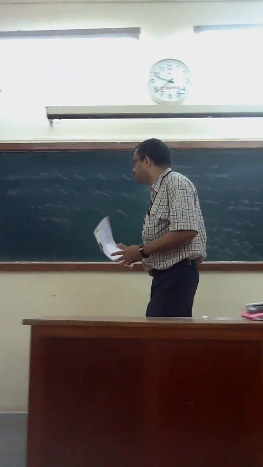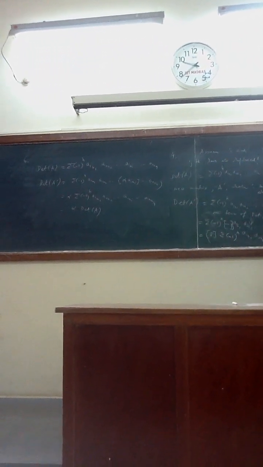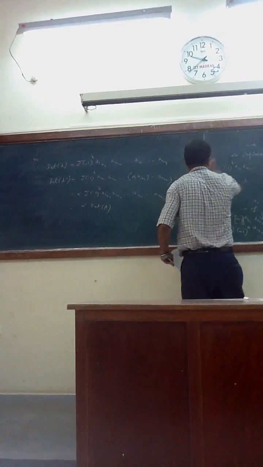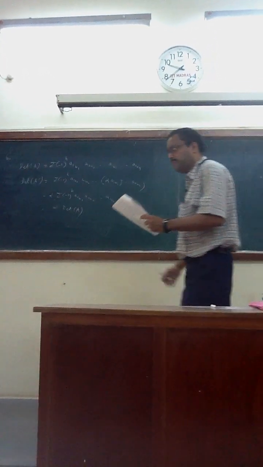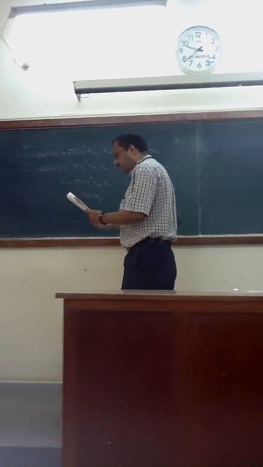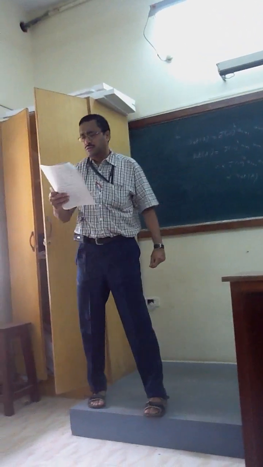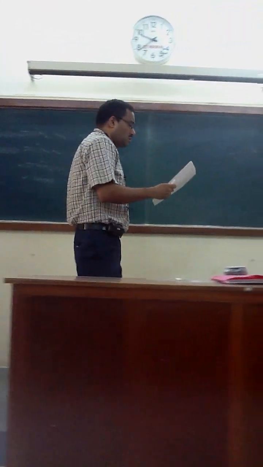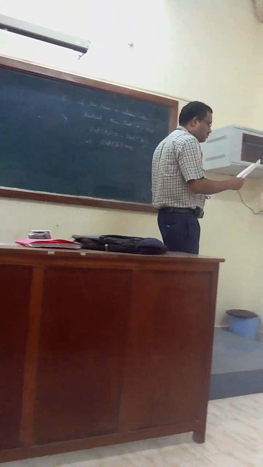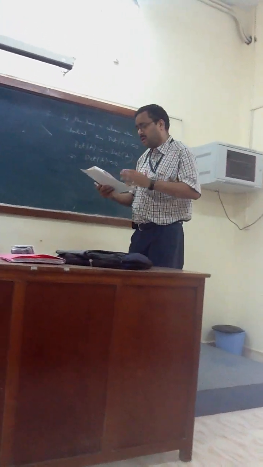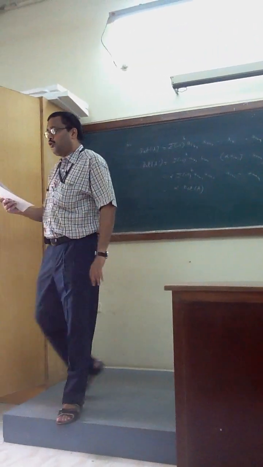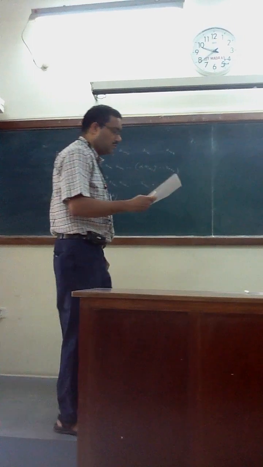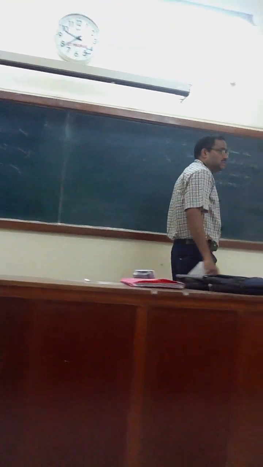Seventh property. If row j is multiplied by alpha, which is not equal to 0, and added to row i, the determinant is unchanged.